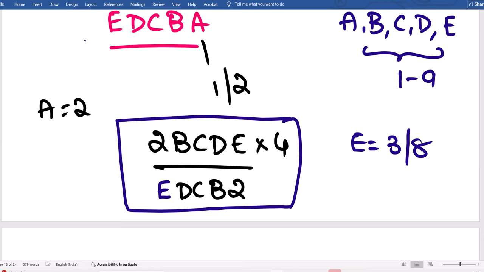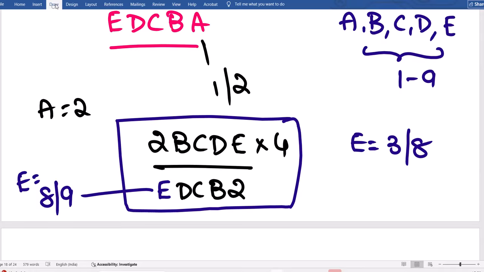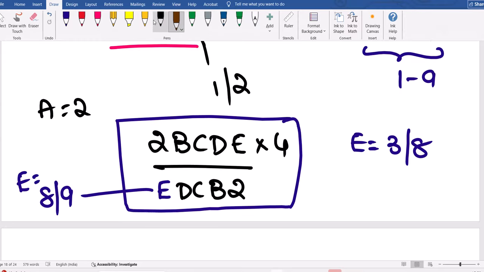Here if you see the units place, 4 into 3 is 12, ending with 2, 4 into 8 is 32, ending with 2. But for 2 times 4 is 8, and if carry is there, it means 9. So E can be 8 or 9 as per the leftmost place. Seeing the units place, E can be 3 or 8, but at the leftmost, it can be 8 or 9. Right? So the common one is 8.